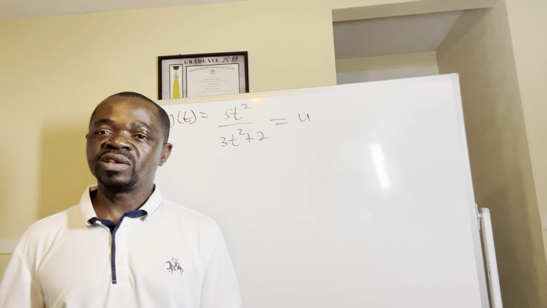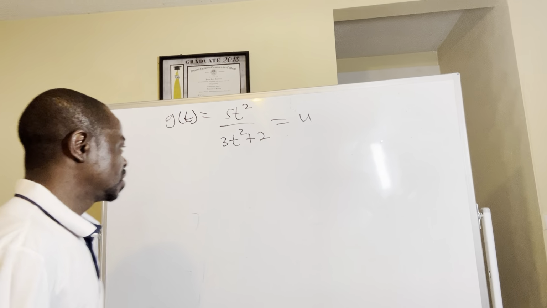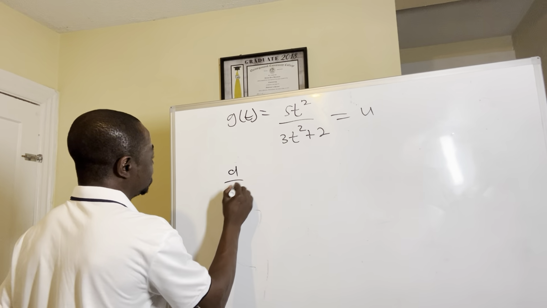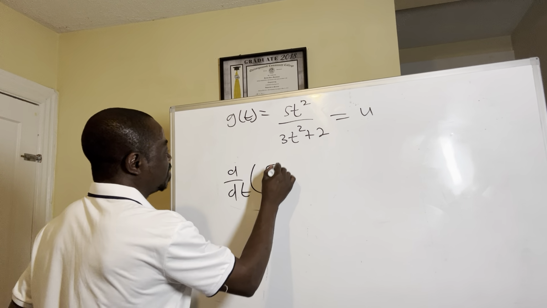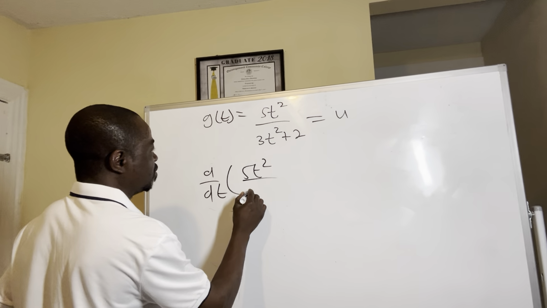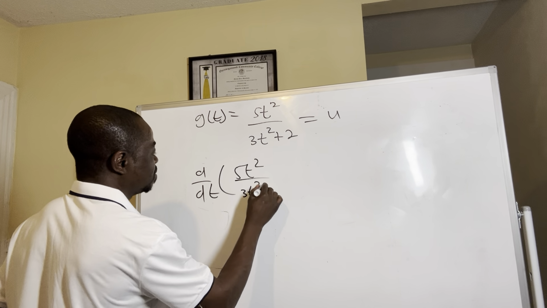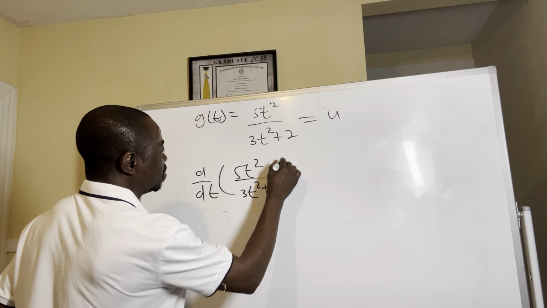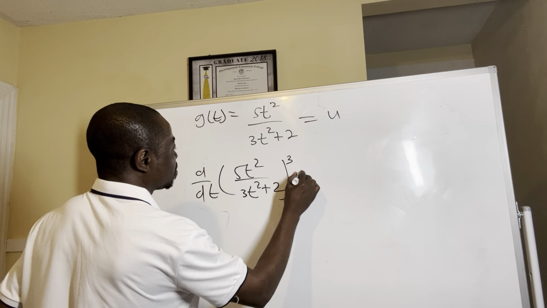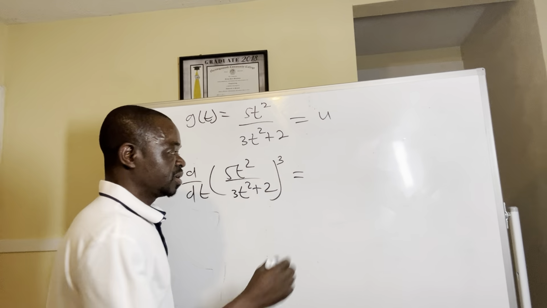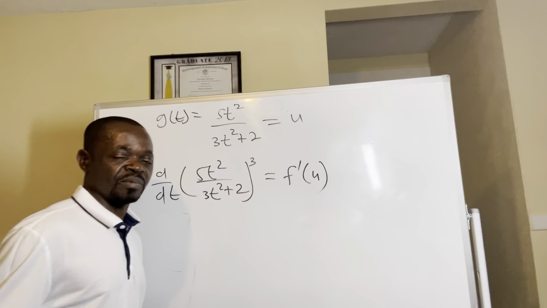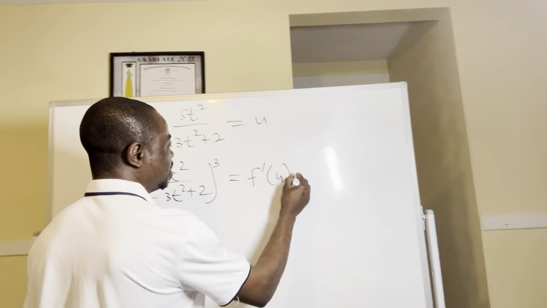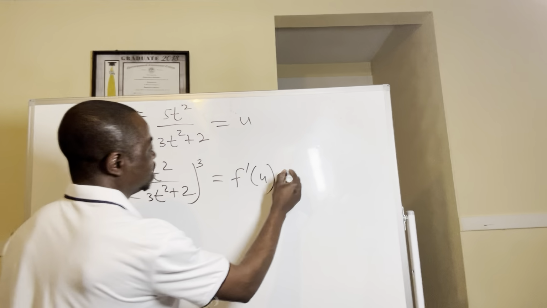So to apply the second version of the chain rule, which says that if I have d dt of 5t squared all over 3t squared plus 2 all raised to the power 3, which is equal to, you take the derivative of u, which is f prime of u, then you multiply by the derivative of g, g prime of t.